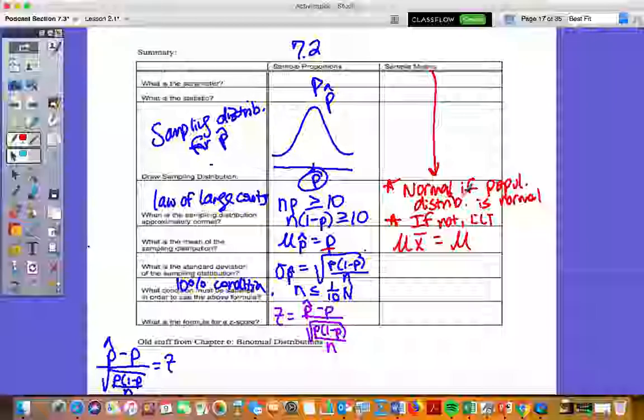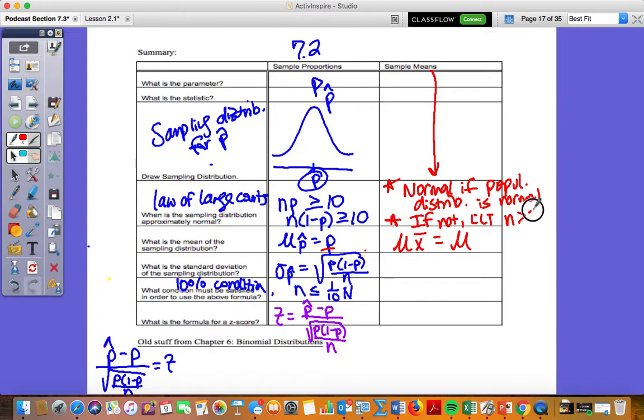If not, the central limit theorem allows me to say that if I take more than 30 samples, the sample size is large enough to say that it is approximately normal. So if not, the CLT says that if my samples are greater than 30, then it can be approximated as normal.